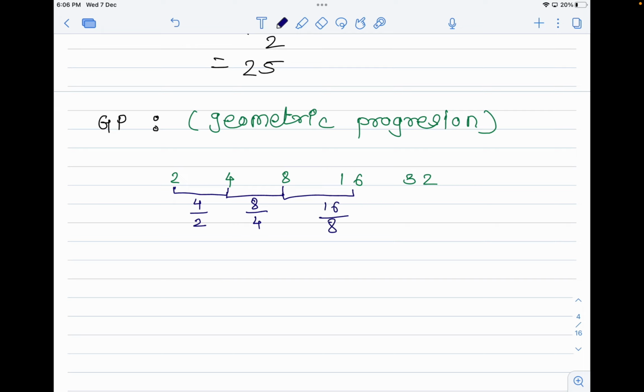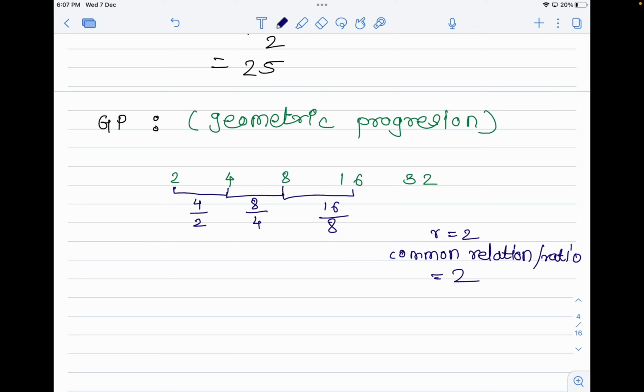Now see, 4 divided by 2 is 2, 8 divided by 4 is 2, and 16 divided by 8 is 2. So the common relation in between, R, is 2. The common relation, or ratio, is nothing but 2.